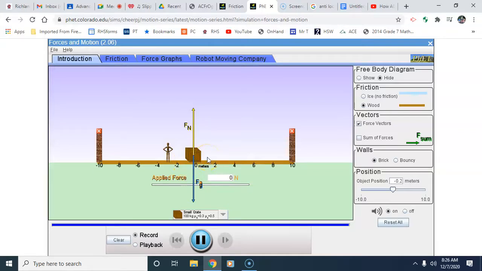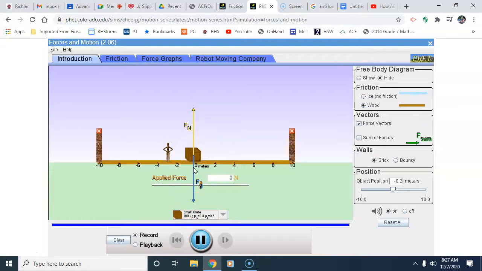And like we would expect, if it's just laying on a flat surface and nothing's trying to move it, the free body diagram shows weight pointing down, or force due to gravity, F sub g, and normal force pointing up. Those forces are balanced, like we always had in the past.